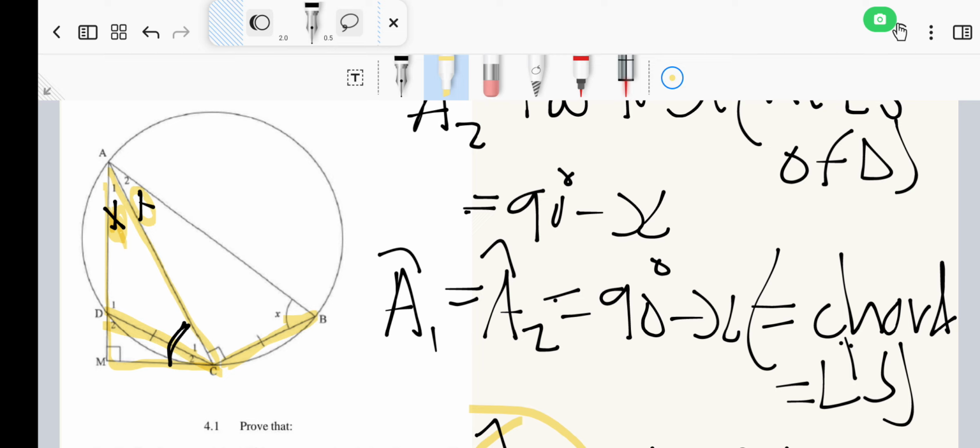Equal chords, equal angles is your reason there. Then we said, if you are in this triangle over here, again, same thing. C has to be 180 minus your M and minus A1. Interior angles of a triangle. That's how we proved that C1 and 2 together is X. And since C1 and 2 is X and B is also X, the converse of tan chord theorem will tell us that CM is a tangent.